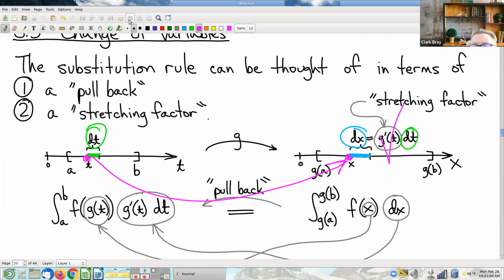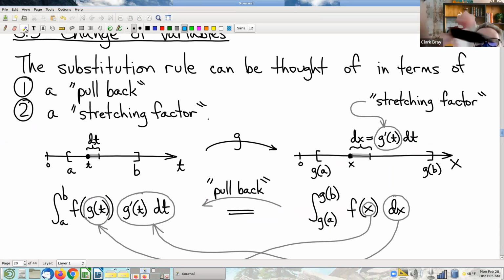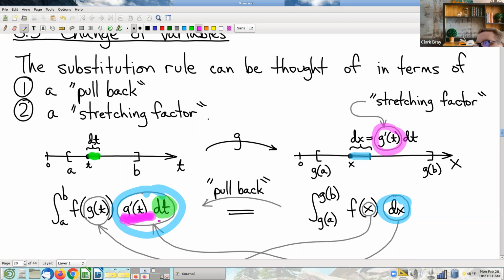All right. And so with that noted, this dx here, that dx, well, it represents the size of this output piece, this subinterval, right? And what is that dx? How does that relate to the input subinterval dt? Well, the derivative represents how much bigger, you might say, the output change is compared to the input change.